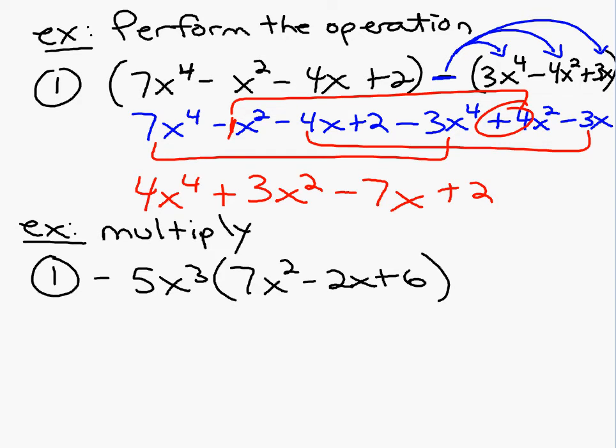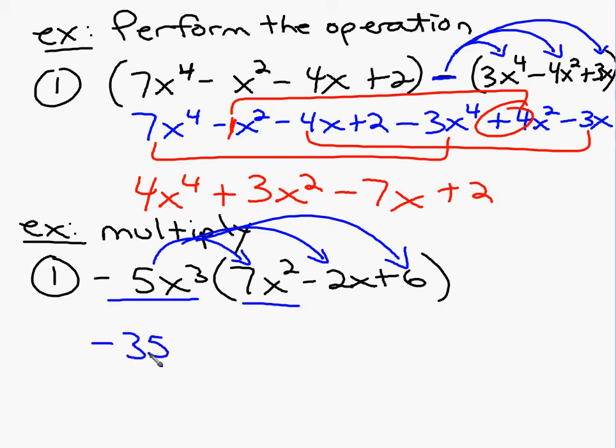So I'm going to distribute this multiplication to all three terms on the inside. So when I multiply negative 5x cubed times 7x squared, I would get negative 35x to the 5th. I'm going to add those exponents in that case.